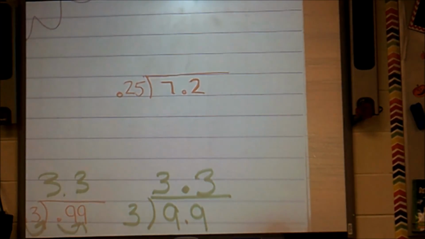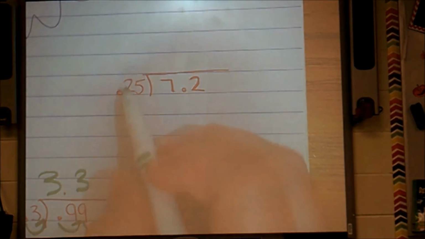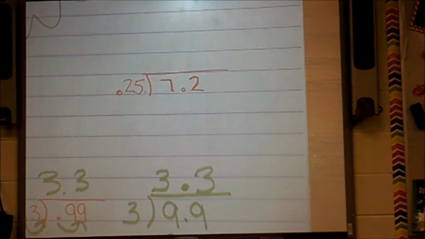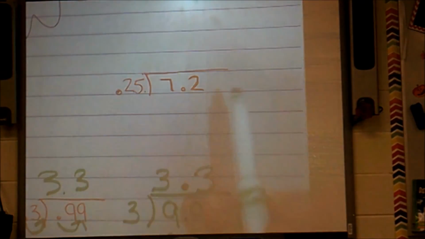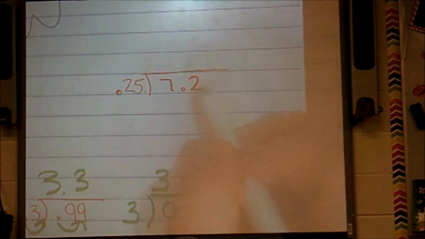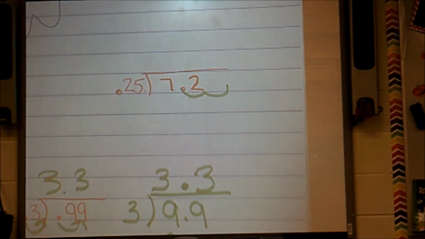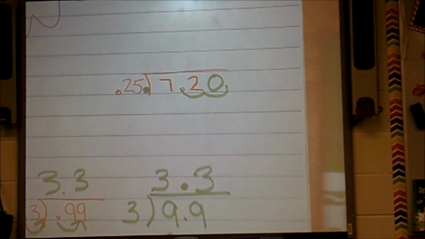My next problem. I can see here that I'm going to have to bump it 2 place values to get rid of that decimal. So I'm going to do the same thing here. Bump, bump. And then fill it with a 0. So now I know my decimal is here, now there.